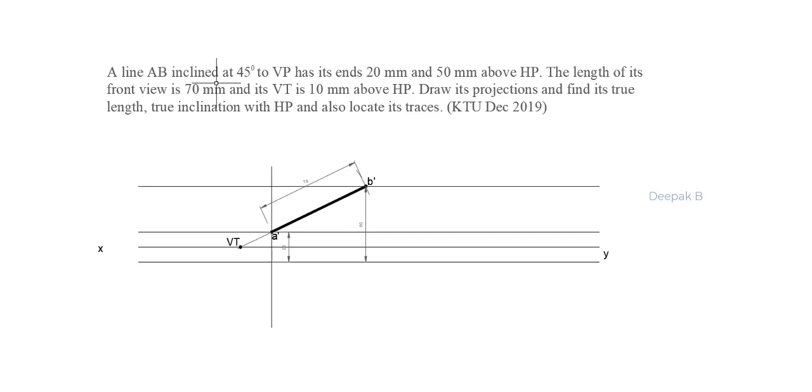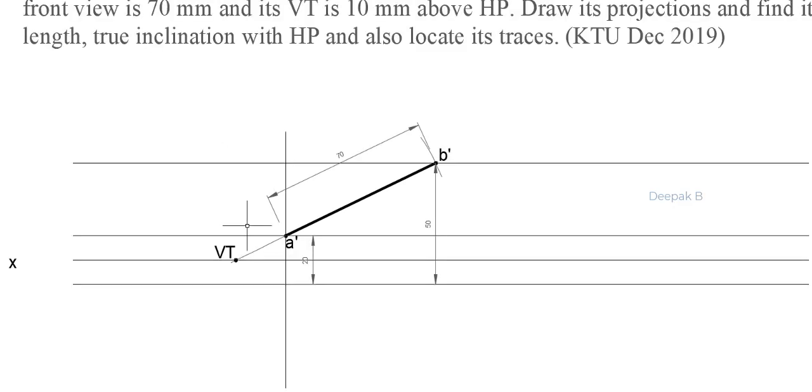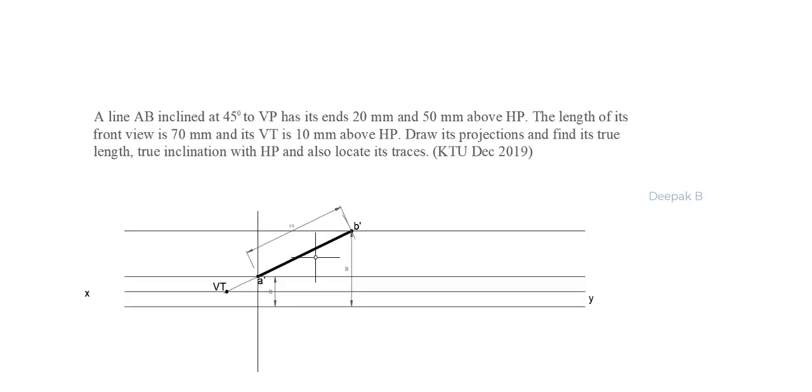So if it is inclined at 45 degree to VP, then the angle between the front view and the line which represents the true length in trapezium method will actually give the inclination with the vertical plane. So that we know from the question that it is 45 degrees.